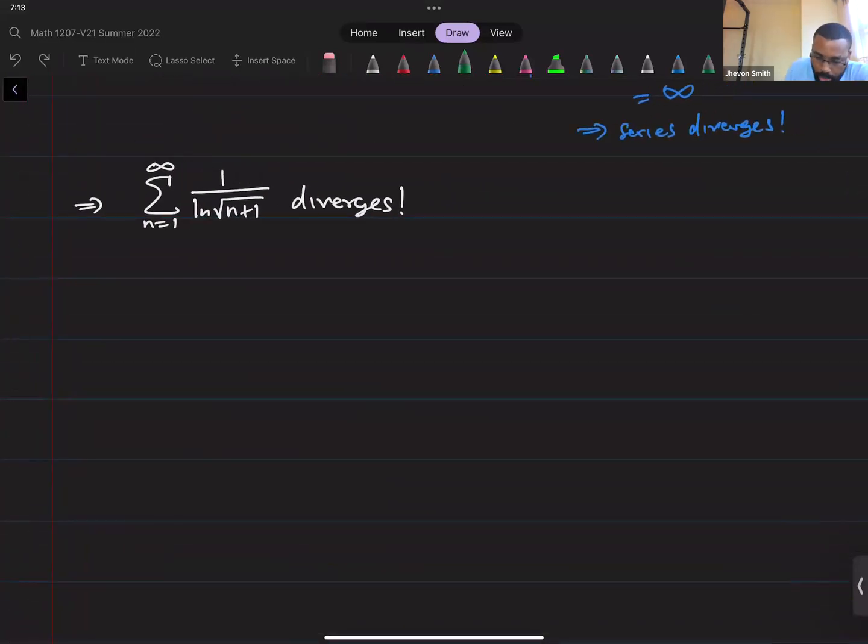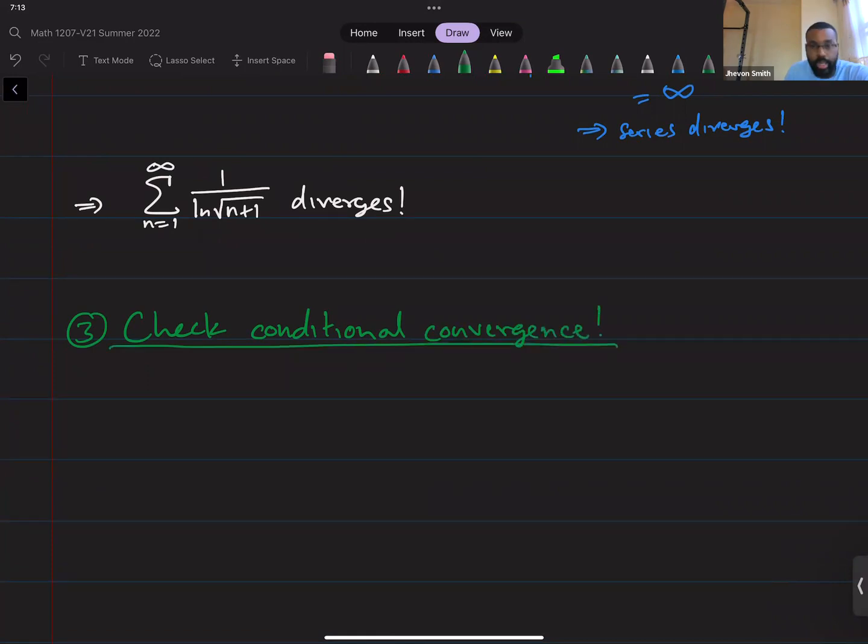So that leads us to the next step, next stage, check conditional convergence. So this is an example of me having to go through all stages of the process. Because test for divergence was inconclusive. Testing for absolute convergence didn't work out.